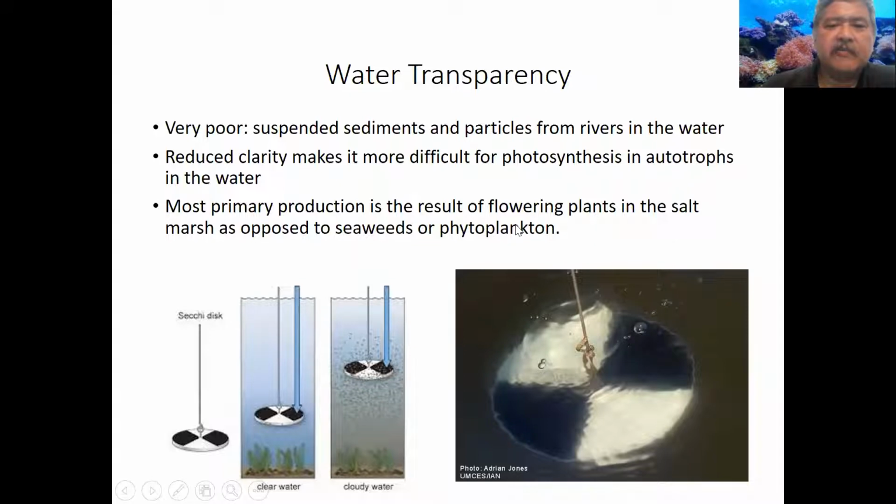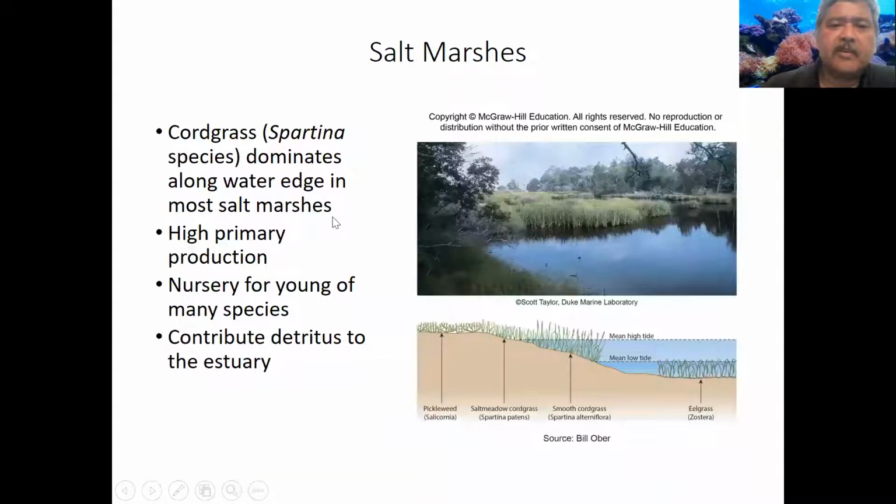Remember, phytoplankton are unicellular algae, and seaweeds are multicellular algae. They look like plants, but they're actually algae in the kingdom Protista. But your primary productivity in the estuary region is due to the higher plants that are there.